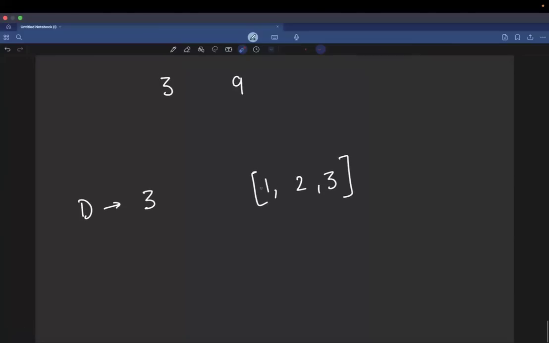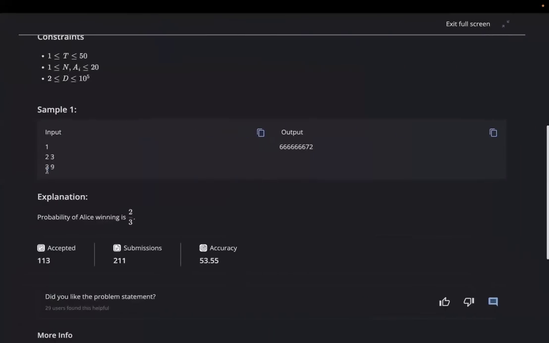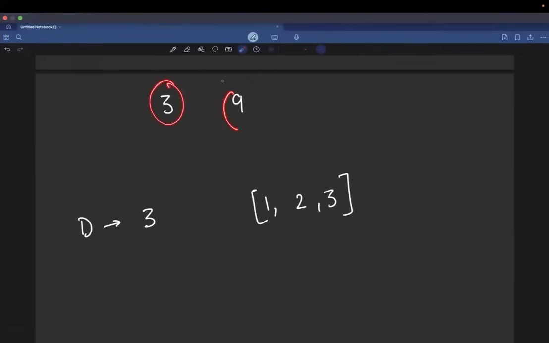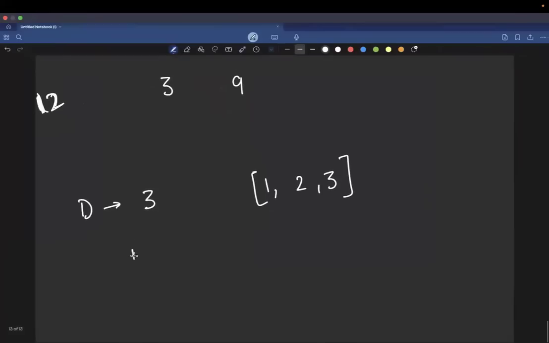Yeah, there are 2 piles, 3 and 9. So there are a total of 12 stones. Now in round one, in turn one, Alice and Bob will both roll the die, and the one who gets the larger number will remove one of the stones.